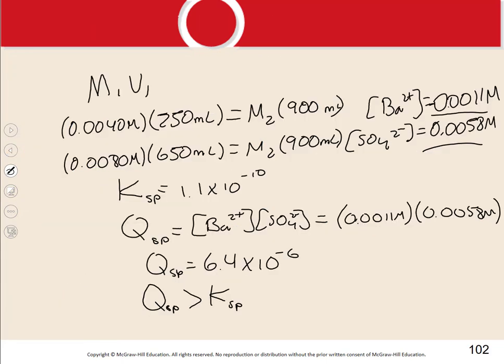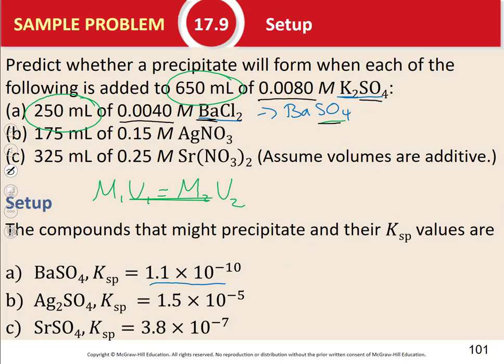In this case, barium sulfate precipitates. So for these problems, use the dilution equation to find what the concentration is of each of your ions, and then plug it into the Q equation and compare to K. K again is found in that table on page 803.